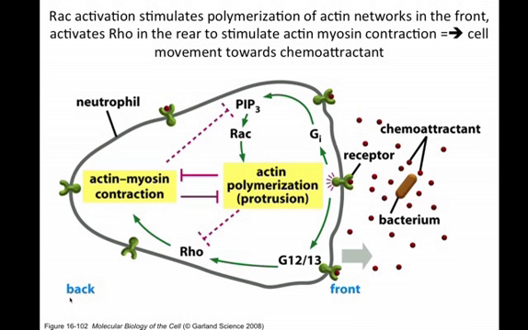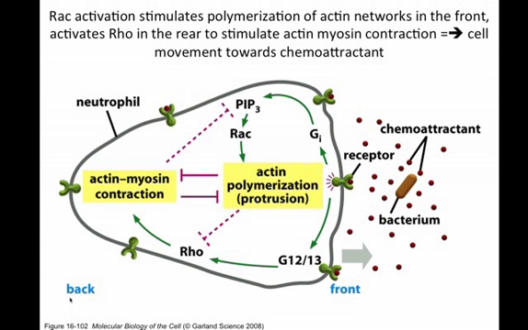Remember, adenyl cyclase, cyclic AMP, calcium release, these kind of second messengers, small intracellular signaling molecules that act very locally, right? So this is going to activate RAC in the front of the cell. And so you're going to get this ARP activation and this actin web formation in the front. That's going to promote these protrusions associated with cell movement.